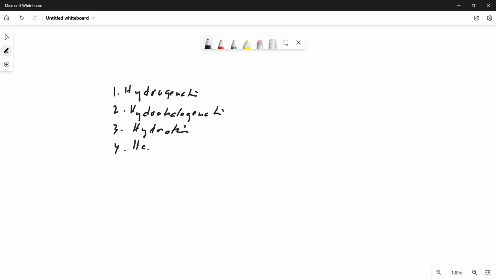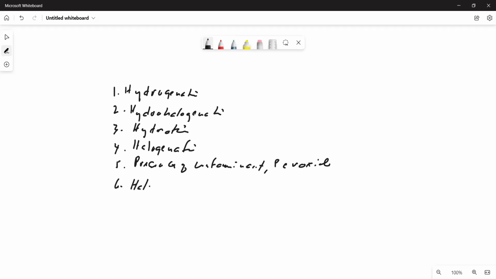And halogenation, as well as the presence of contaminant, which is the peroxide. Okay, the last one, which we have not discussed, is the halohydrine reaction.